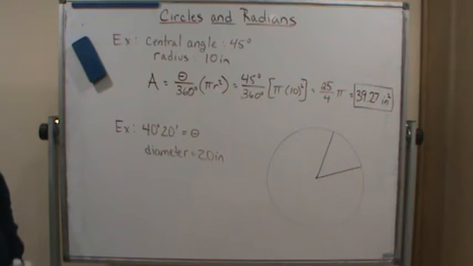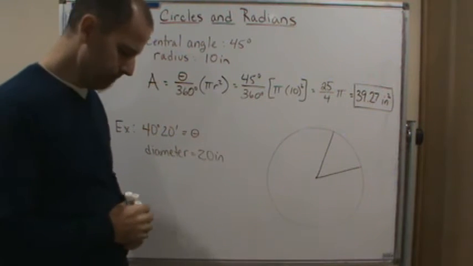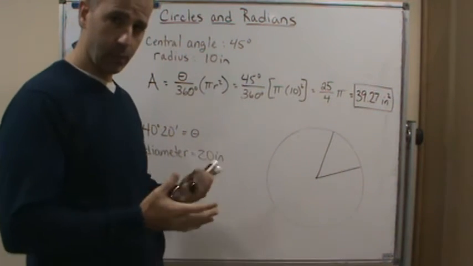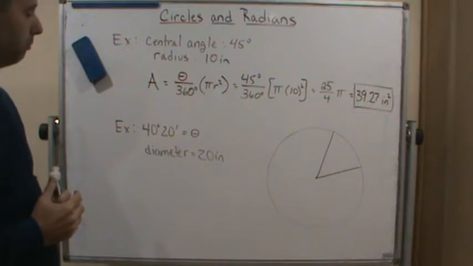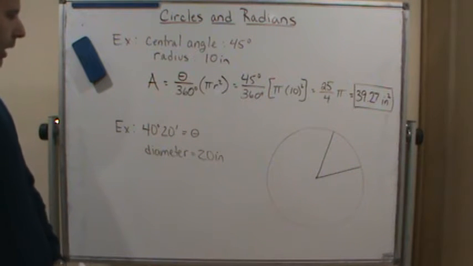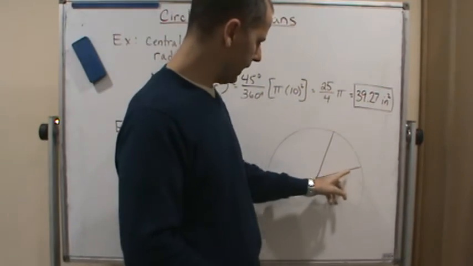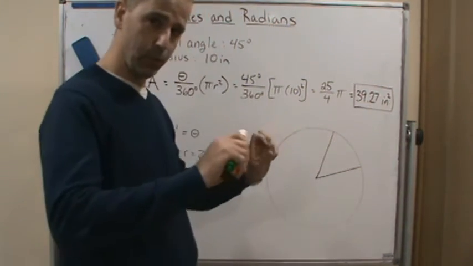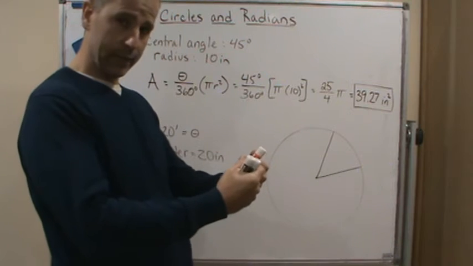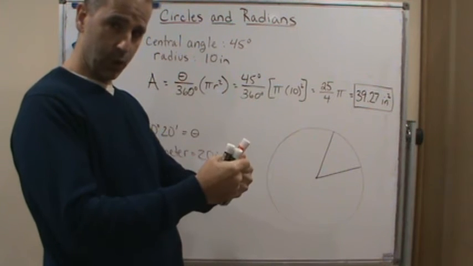Now, in the second one, let's say we have a cone. We want to construct a cone out of some metal. In order to construct a cone, you have to cut out a piece of the sheet metal so that when you bend it up and make the cone, you'll be able to do so.